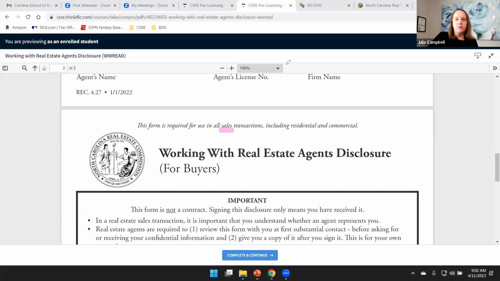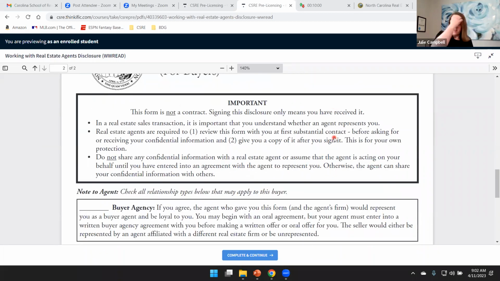Again, we have two different forms, one specifically for the seller, the other one specifically for the buyer. This is important, guys. This box is labeled important for a reason. It helps us have conversations with the consumer, but hopefully it also helps the consumer draw their eye to this information.